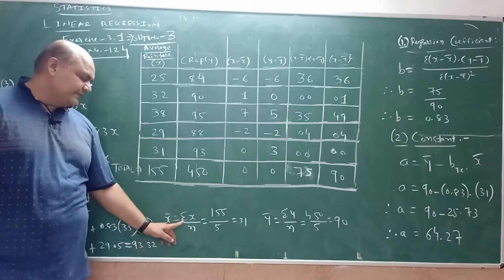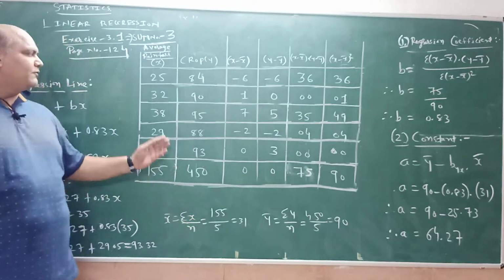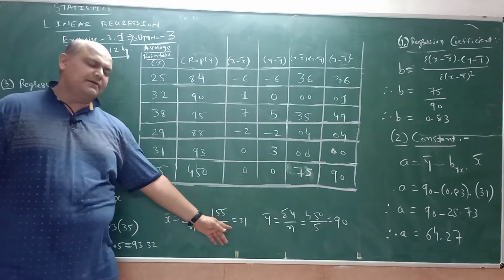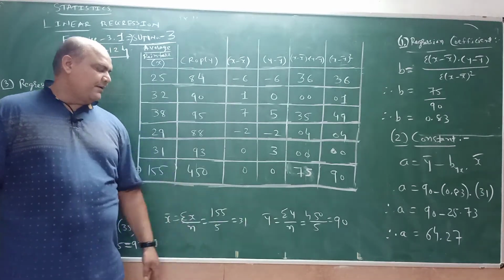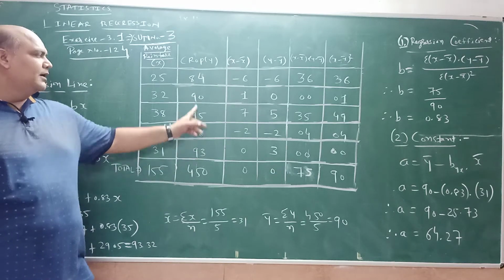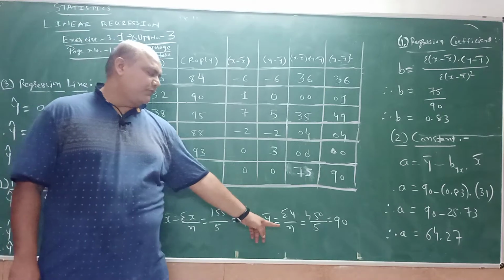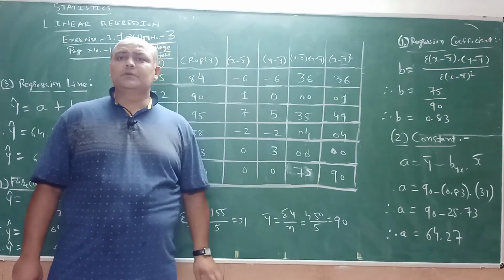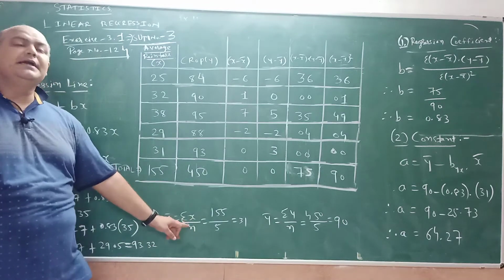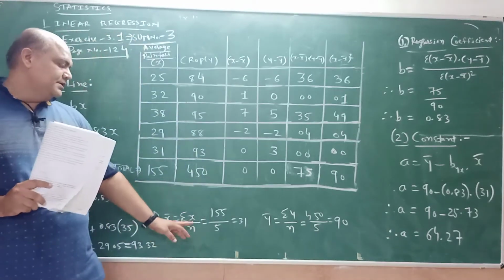So x bar is equal to sigma x upon n, 155 upon 5. 5 pairs are there, 1, 2, 3, 4 and 5. So it is 31. Y bar is sigma y upon n, sigma y is 450 upon 5 pairs, 1, 2, 3, 4, 5. 450 upon 5 is 90. Both the x bar and y bar, students, are integers, not fractions, not decimals.